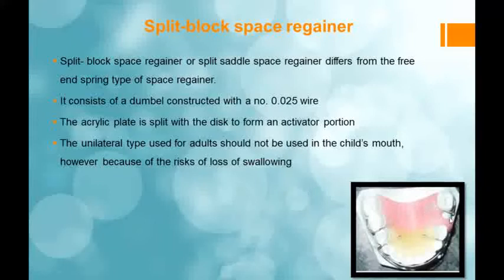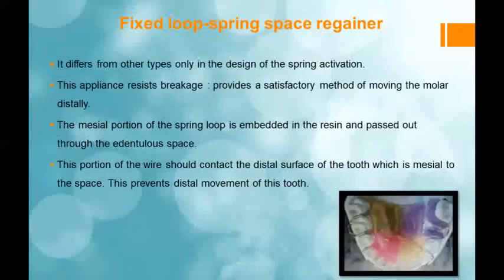It consists of a dumbbell constructed with stainless steel wire, and the acrylic plate is split with a disc to form the activator portion. The unilateral type used for adults should not be used in a child's mouth, however, because of the risk of swallowing.